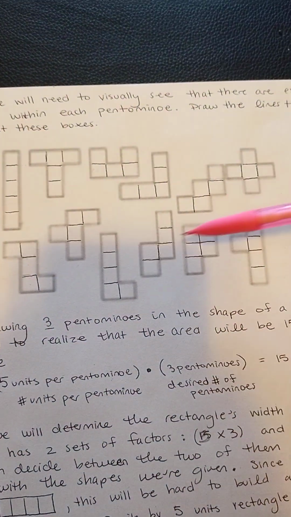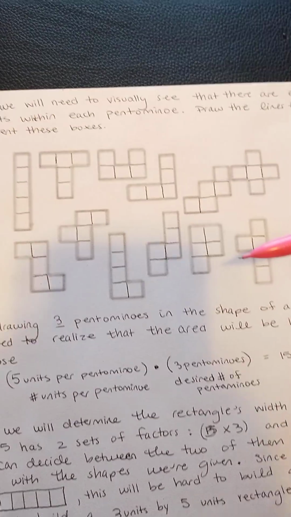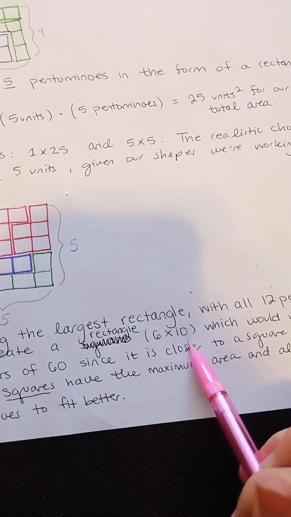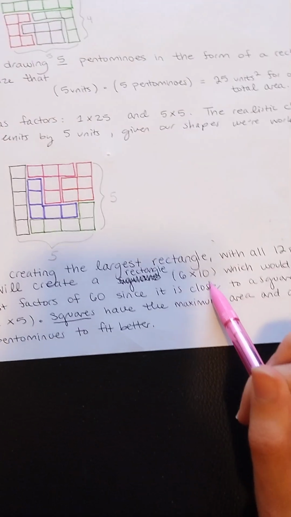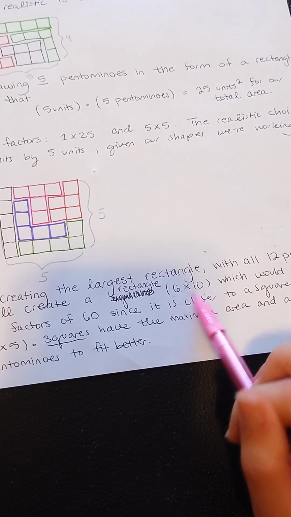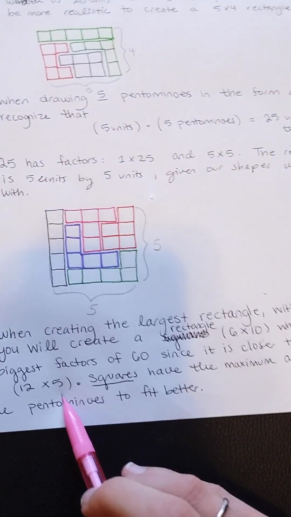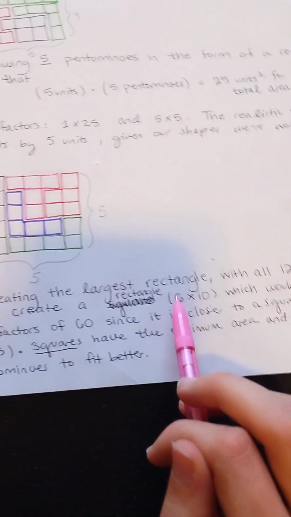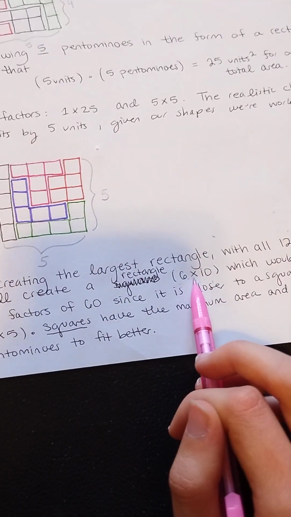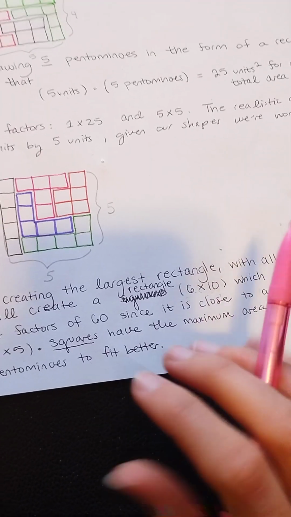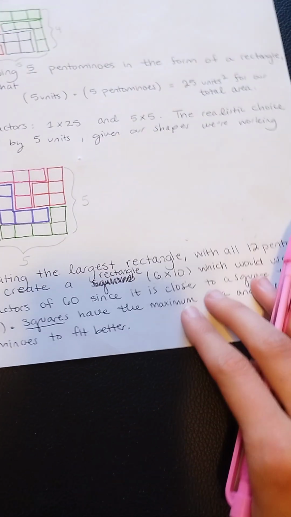And so I believe you should choose 6 by 10, since that is closer together in number than a 12 by 5 unit rectangle, forming all those parts together.